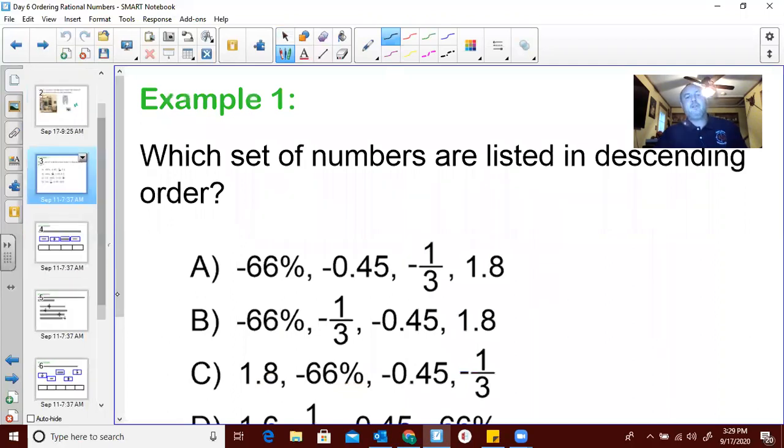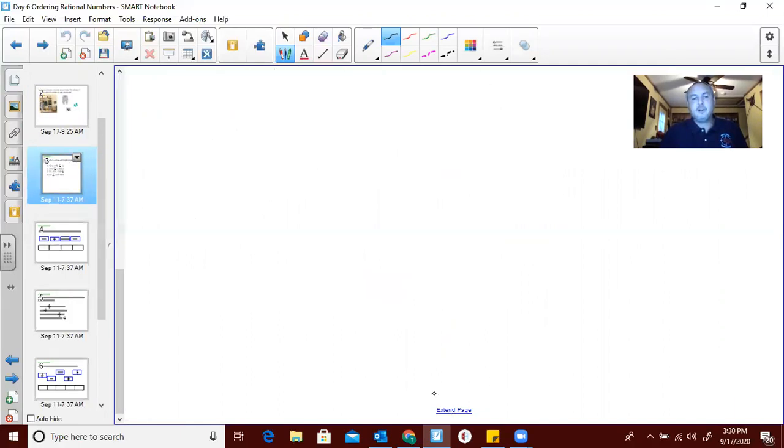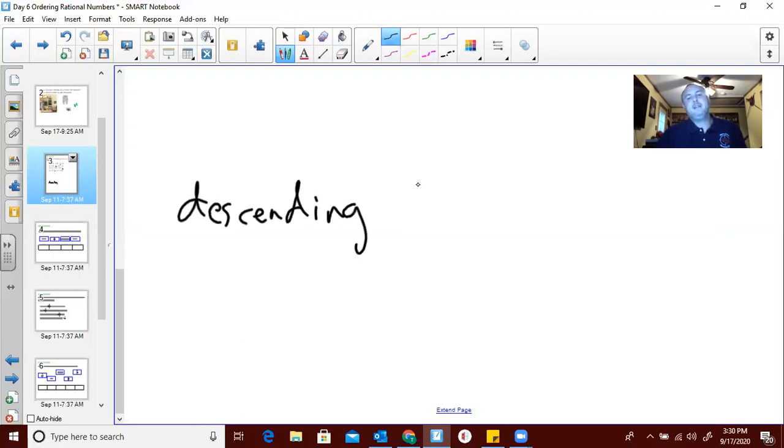All right, so now what we're going to do is list numbers in ascending and descending order. So the first thing I want to do is talk about two definitions. We have descending. Descending is when numbers are going down, right?